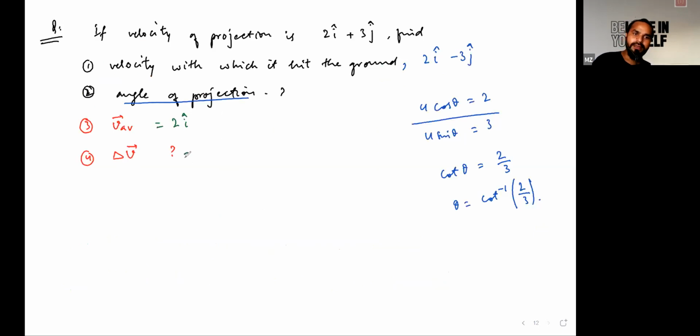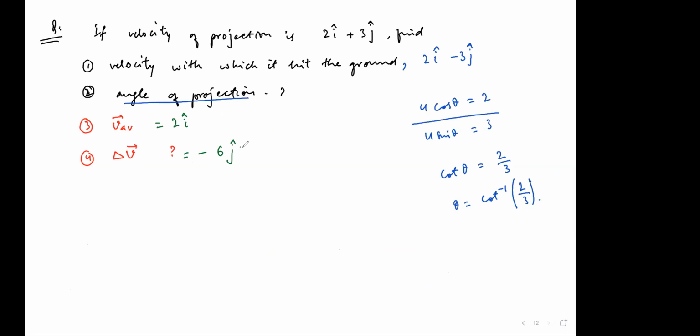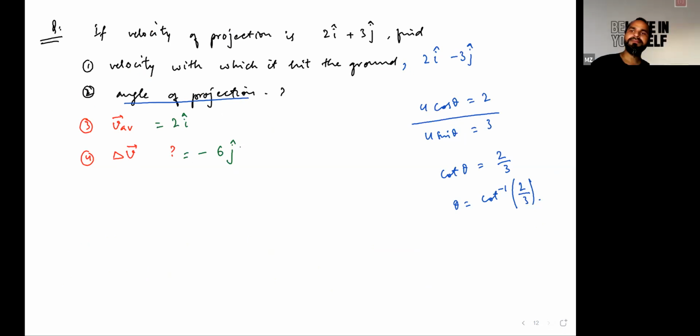So it will be minus 2 times the y component, so it will become minus 6j cap. Is it clear to everyone? Yes, sir. Salman, any doubt? No, sir.